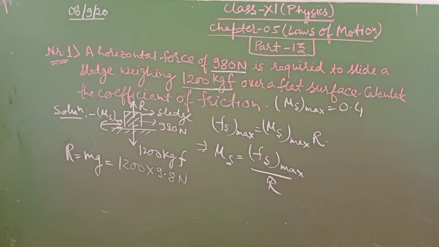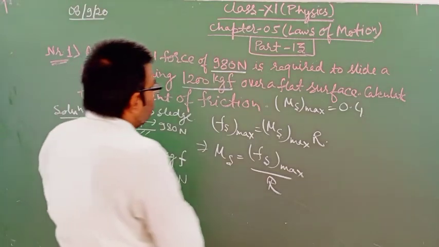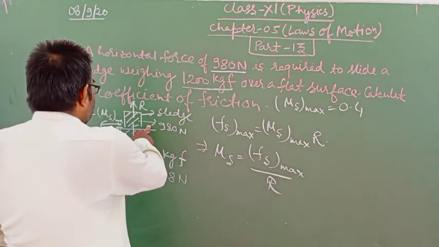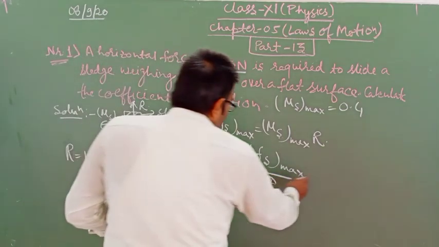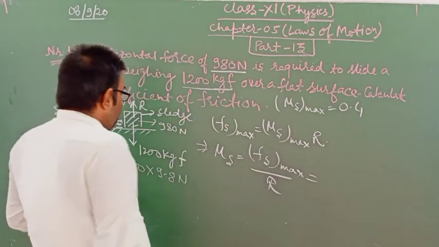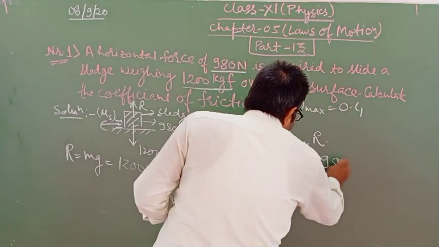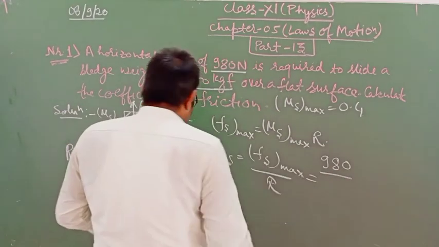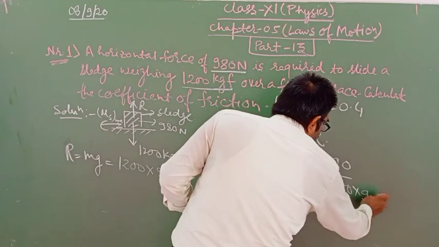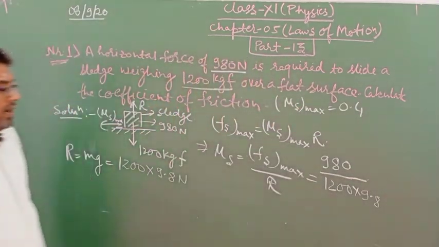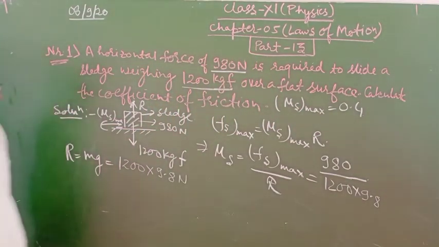So we have to find the horizontal force upon R. Horizontal force is 980 Newton, so putting in the values, it is 980 upon 9.8, and from here we get the value.